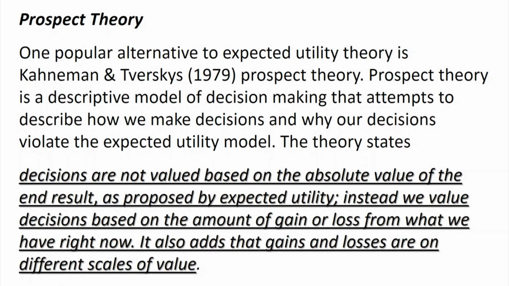What does the prospect theory say? The prospect theory is a descriptive model of decision making that attempts to describe how we make decisions and why our decisions violate the expected utility model.